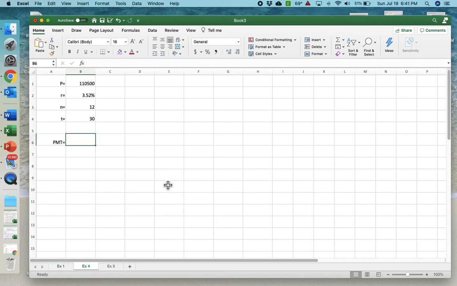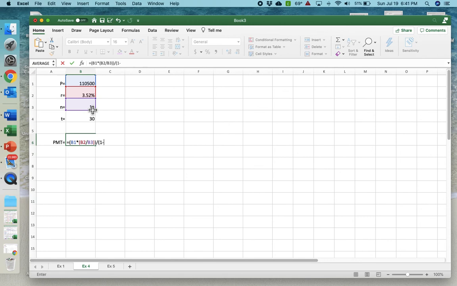Next, let's look at example 4, where we were trying to find the payment with an amount financed of $110,500, a rate of 3.52%, N was 12, and for 30 years. So equals. Everything on top needs to be in parentheses. So P times, and then R divided by N in parentheses, close the top, divided by, everything on the bottom needs to be in parentheses.